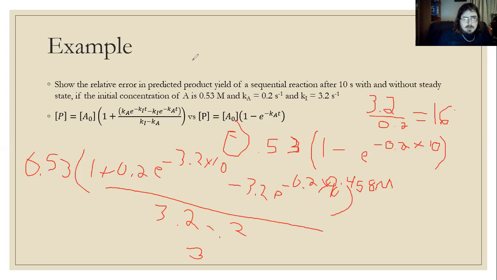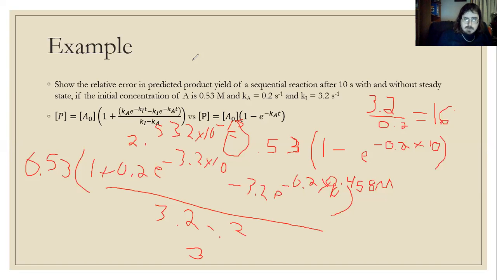The 0.2 times E to the negative 32 is really, really small. I'm going to say that's 2.532 times 10 to the negative 15. Almost too small to count.